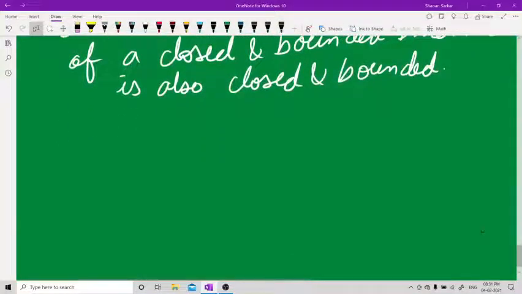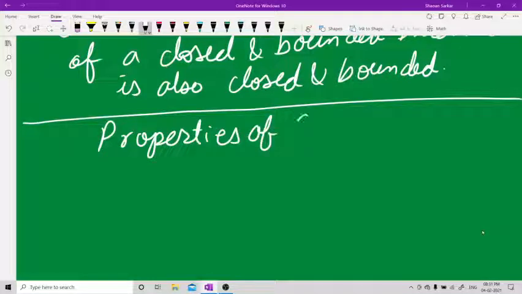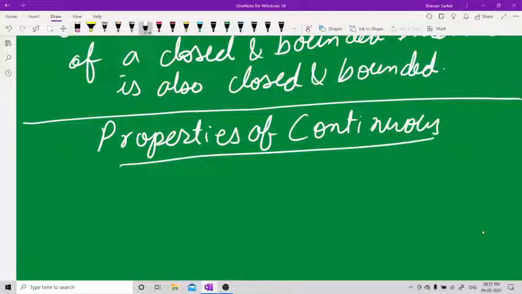Next, the properties of continuous functions. Let us write down, just draw a line. Properties of continuous functions.